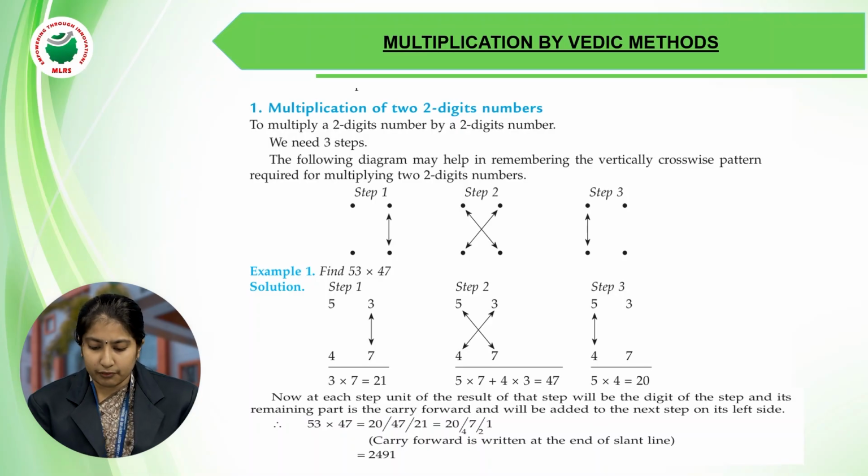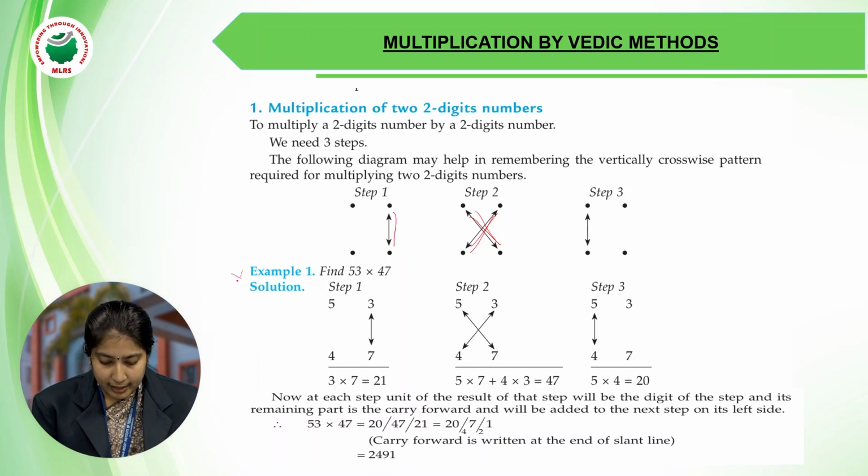For a multiplication of 2-digit numbers, assume we have two numbers. First, we multiply vertically, then we crisscross, that is, left multiplication plus right multiplication, which is step 2. And then step 3 will be the left multiplication.